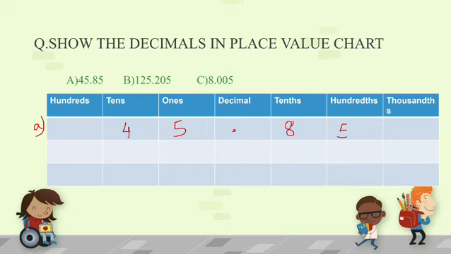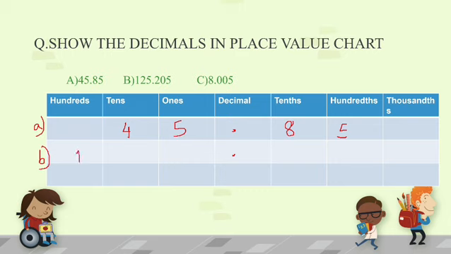Now next number is 125 decimal 205. Very simple. Just put the decimal point and write the whole number part on the whole number side.